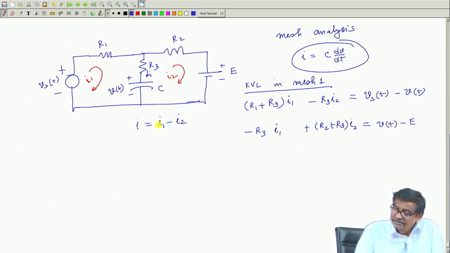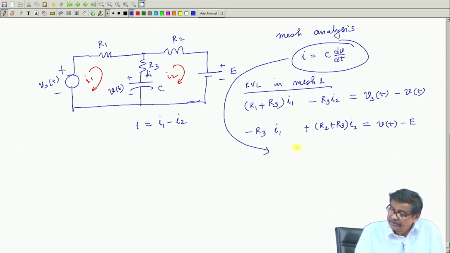You can translate this wherever I will be there, and you have essentially 3 equations: 1, 2 and this 3rd equation with small i equal to the difference I1 minus I2. Therefore, that is what I want to say.